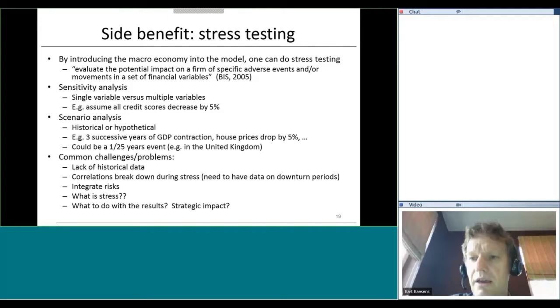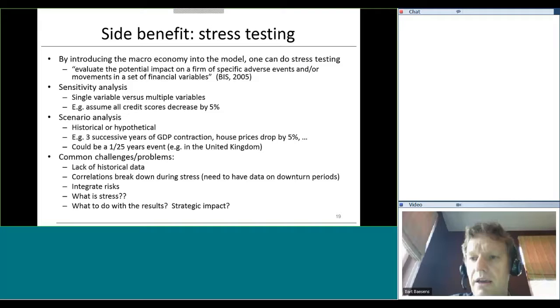Scenario analysis goes one step further. It's a little bit more of an advanced way to do stress testing because you're going to mimic the impact of a scenario. And those scenarios could be historical scenarios as you have witnessed them in your past portfolios or past population, or they could be hypothetical scenarios. Let's say sensitivities that you are aware you are exposed to and that you want to model as a scenario.